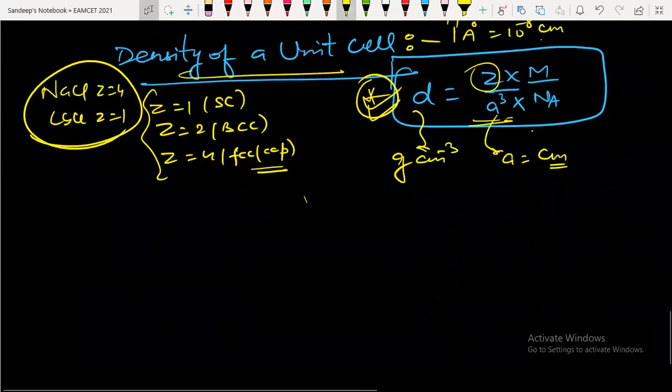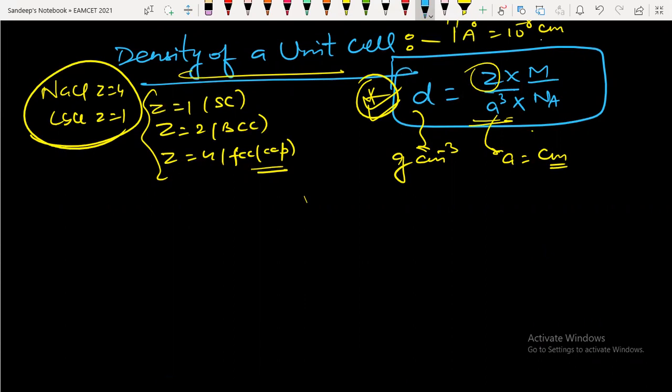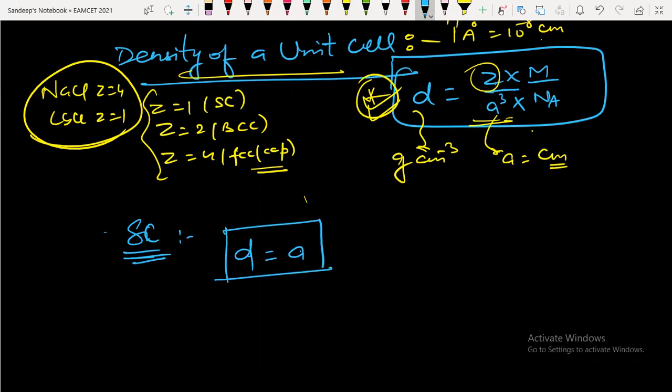Now remember this, in simple cubic, the nearest neighbor distance D is equal to a, where a is the edge length and D is the nearest neighbor distance.